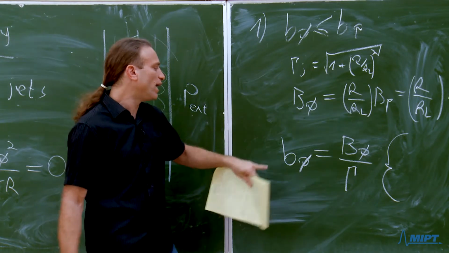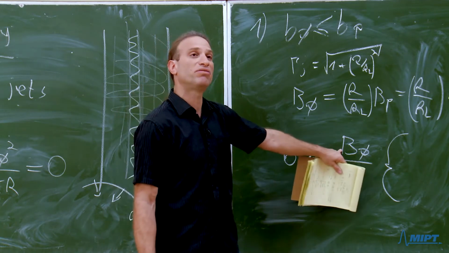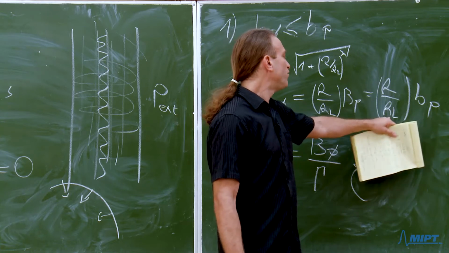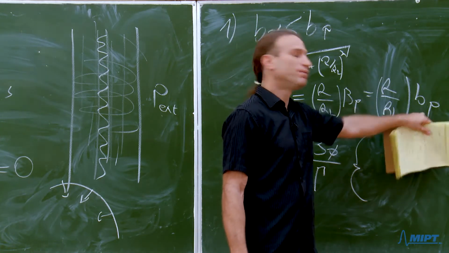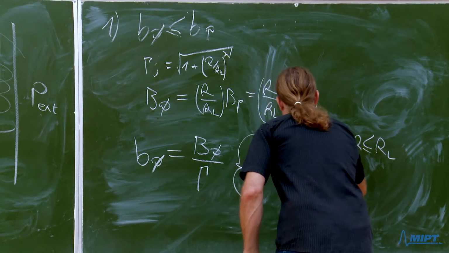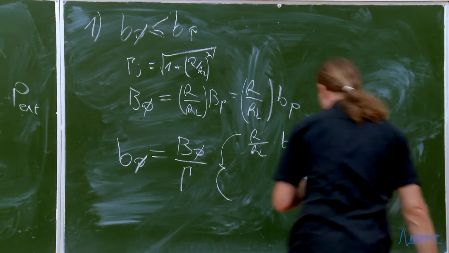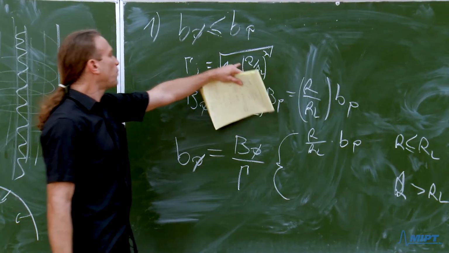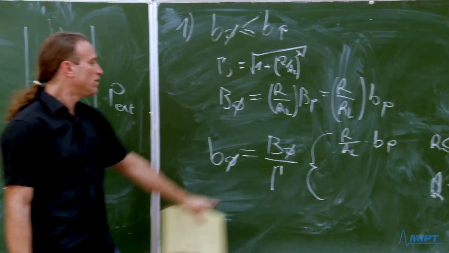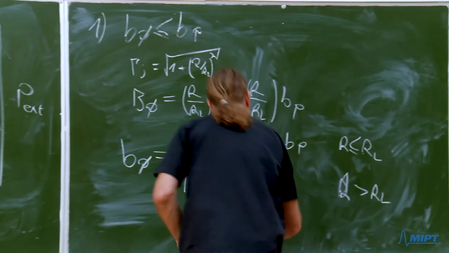And when gamma is equal to 1, B phi in the rest frame is just equal to B phi in the lab frame. And B phi in the lab frame is equal to r divided by rL times Bp. So in this regime, this is equal to r divided by rL times Bp. And when r is larger than rL, gamma is actually equal to r divided by rL, so B phi divided by gamma is just Bp.